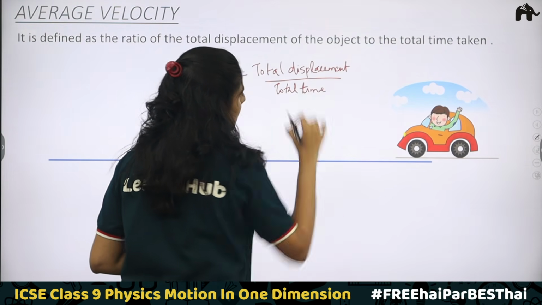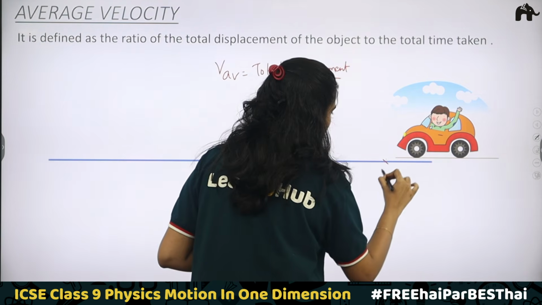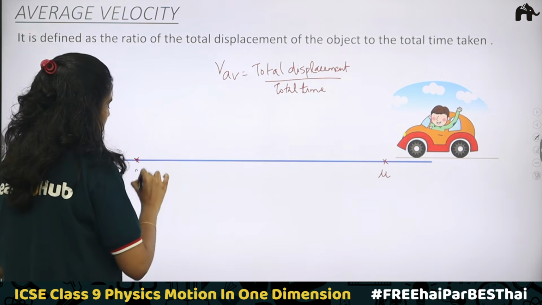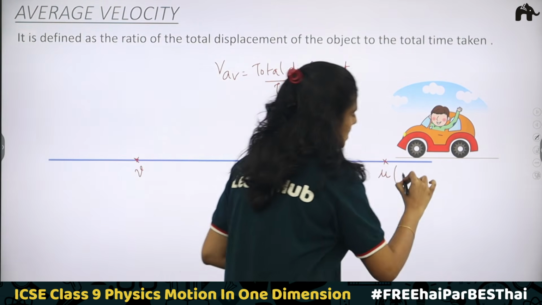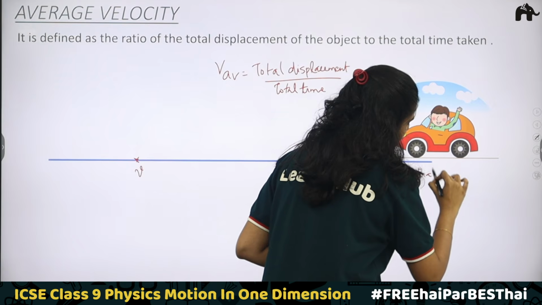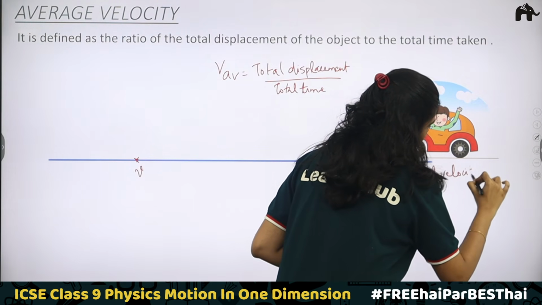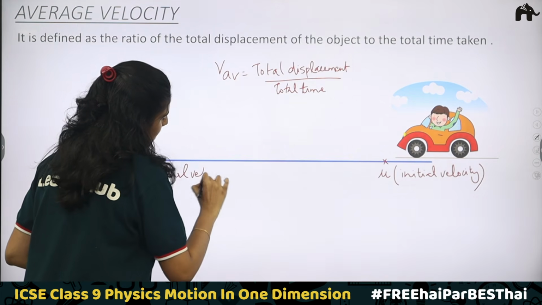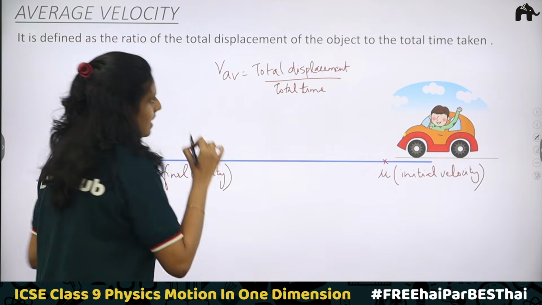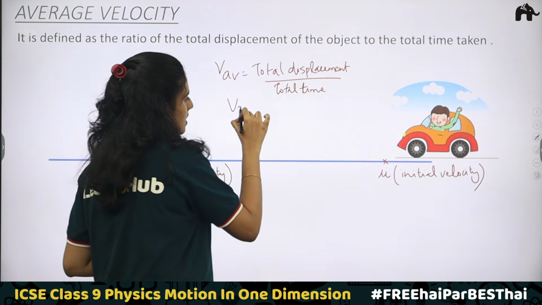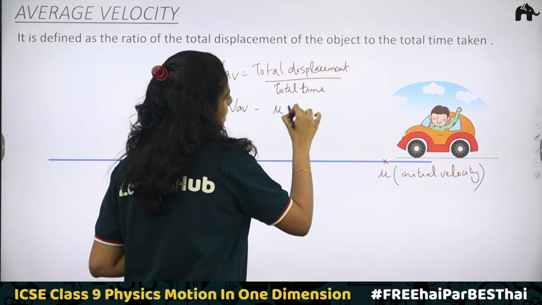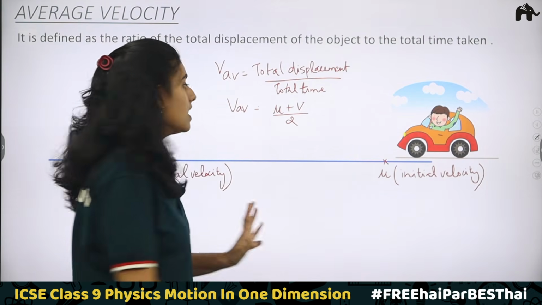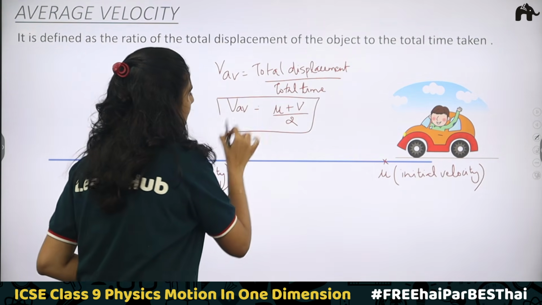Let's say initially the velocity of the body is taken as u, the initial velocity, and the final velocity is v. Then what is the average velocity? To get average velocity, V average will be initial plus final divided by 2. Initial velocity plus final velocity divided by 2 will give you the average velocity.